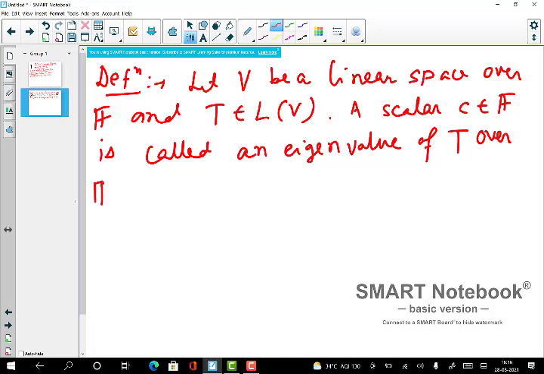Why am I saying over F? Because F is very important. If we change the F, the eigenvalue may change, or it can be the case that an eigenvalue may not exist for some field but may exist in another field. That's why the field is important.